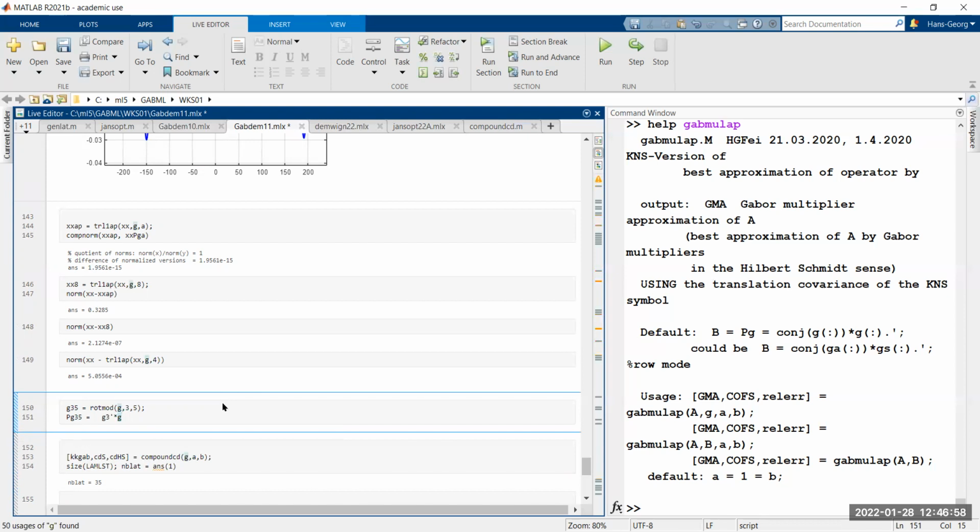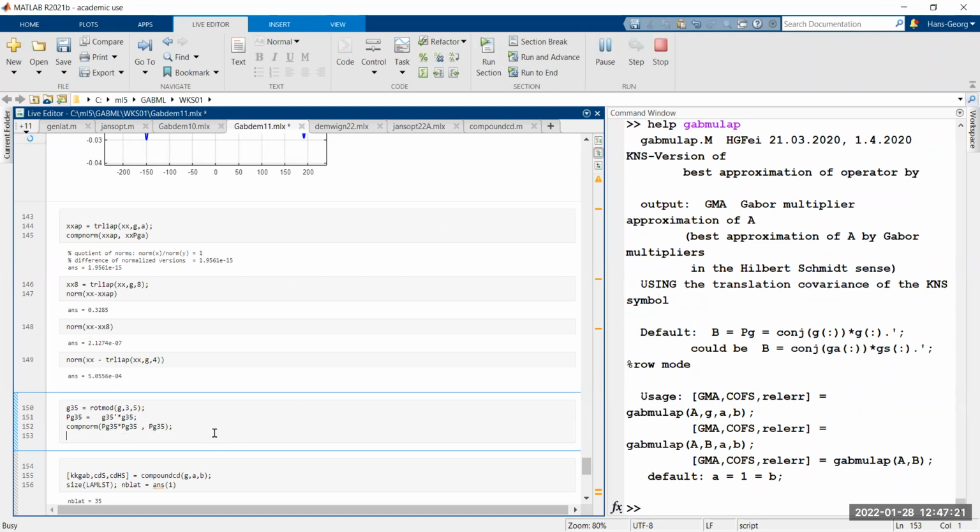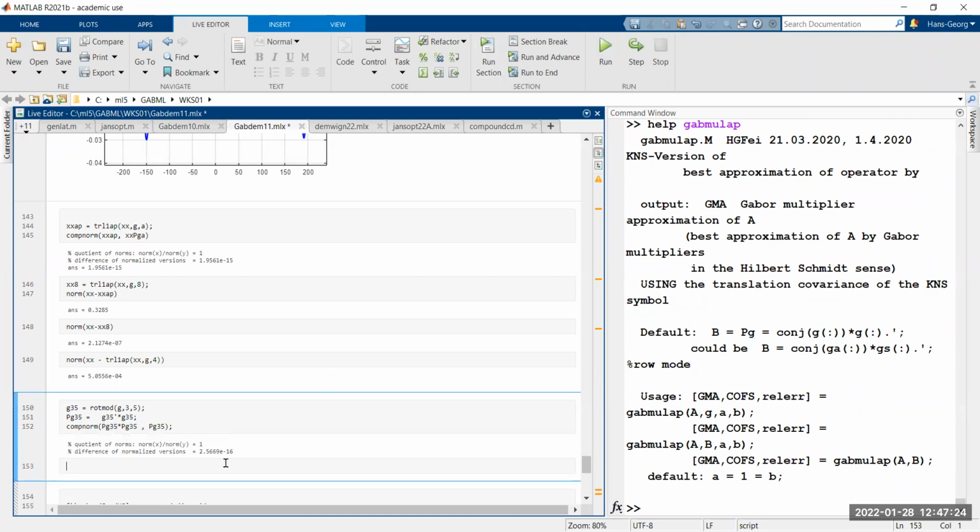Now it's not real valued anymore, I have phase factors. So it's G35 with G35. Just to check once more that this is a projection operator. And I think you will believe me that it's a projection operator onto the scalar multiples of this element here.